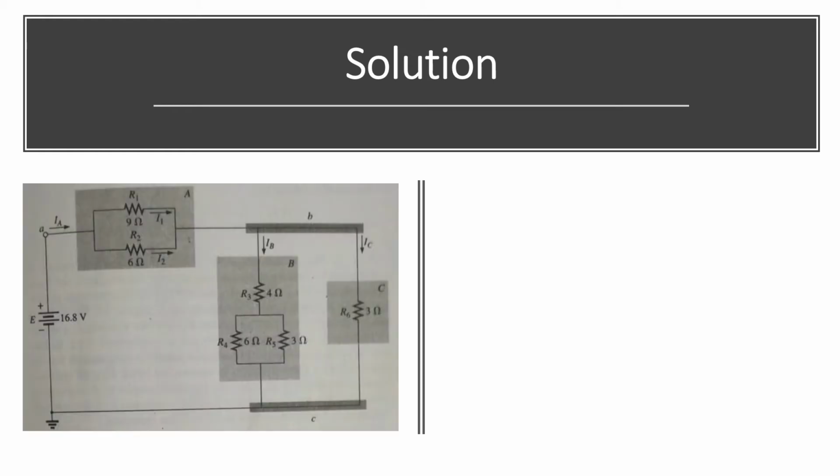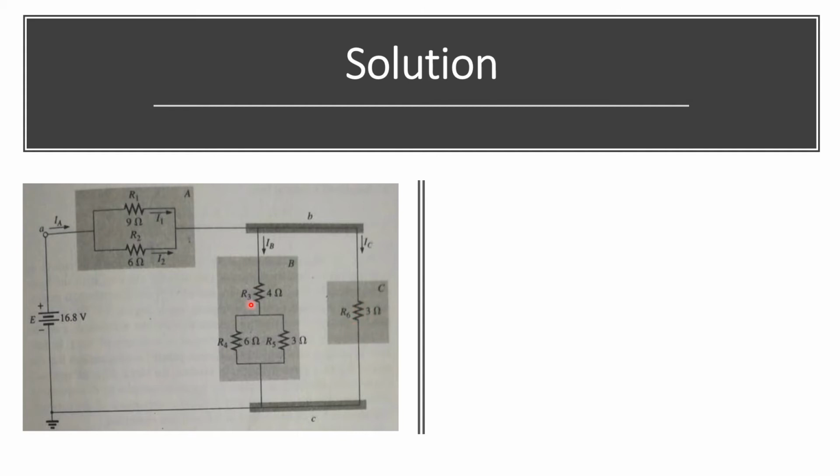In the first step, we simplify this circuit by solving the series and parallel configurations. Now from this figure you can see that R1 and R2 are in parallel, so we can solve this using a parallel configuration. In this shaded region, you can see that R4 and R5 are in parallel, and after solving this parallel circuit, it is in series with the resistor R3, and R6 is basically the resistance RC.